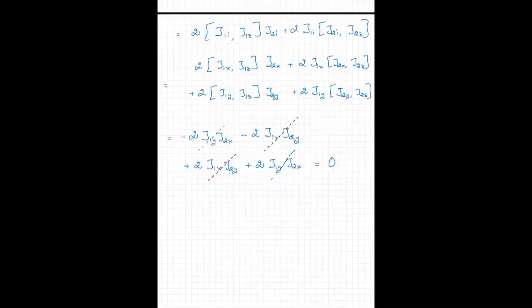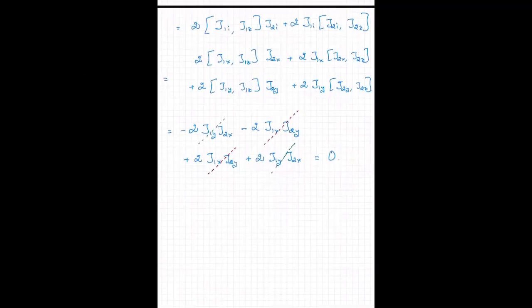So j square, even though it doesn't commute with j1z or j2z, it actually commutes with the addition, which is j1z plus j2z.